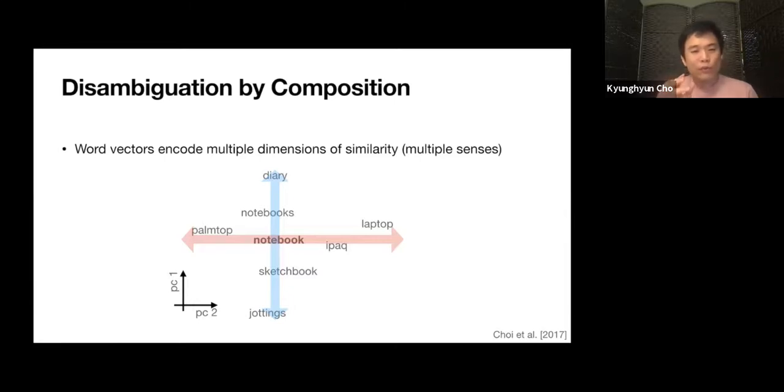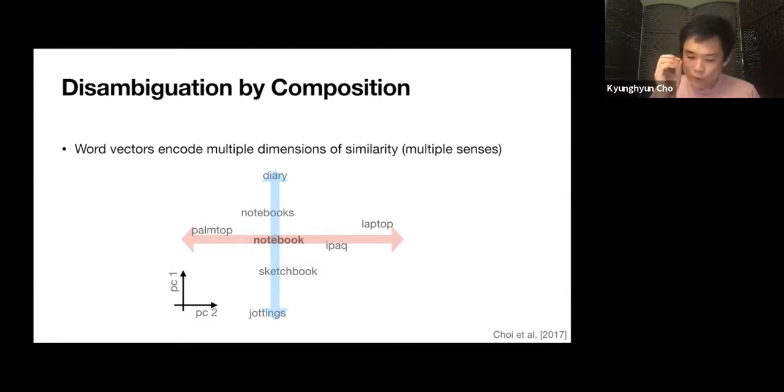So what do we get by considering the composition of individual words? It turned out that one of the most important things that we gain by composition is so-called disambiguation. So what do I mean by disambiguation? Think of any word. In this particular case, let's think about the word notebook.